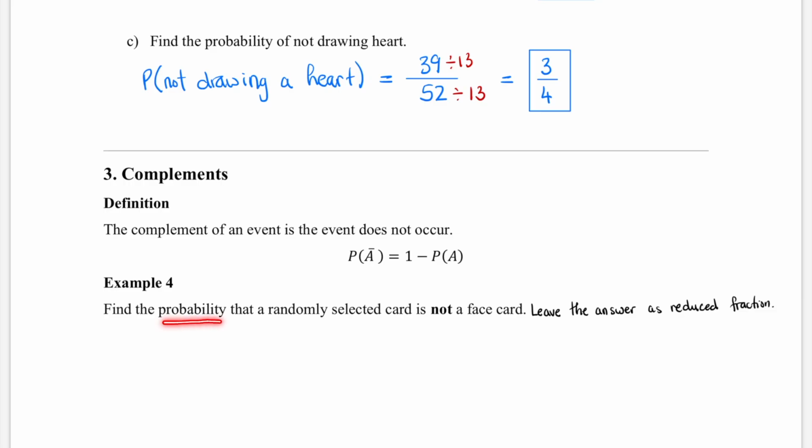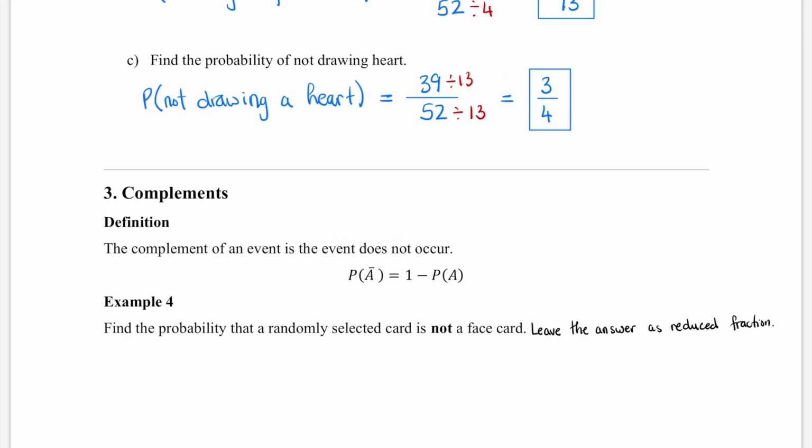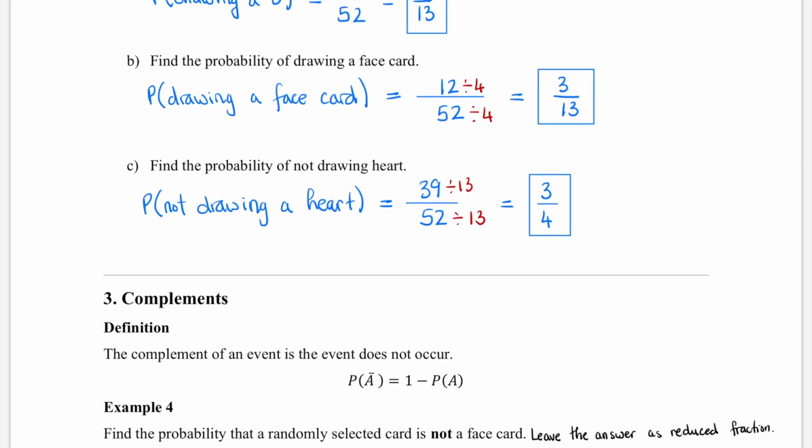Find the probability that a randomly selected card is not a face card. From the previous example, we found the probability of drawing a face card was 3 over 13.